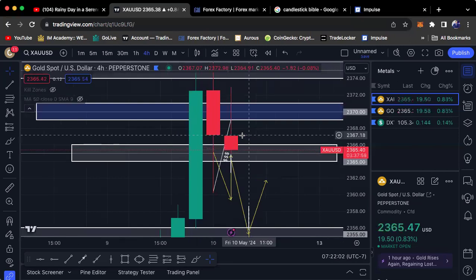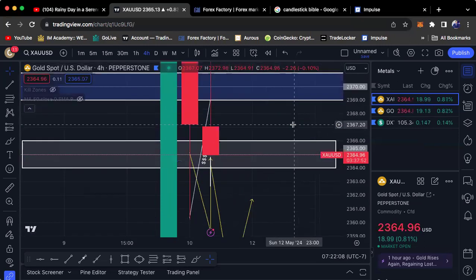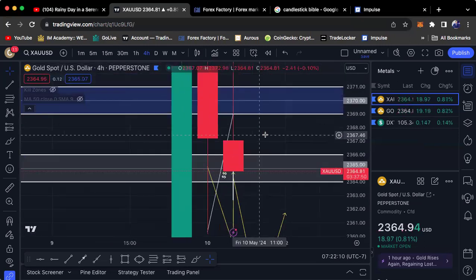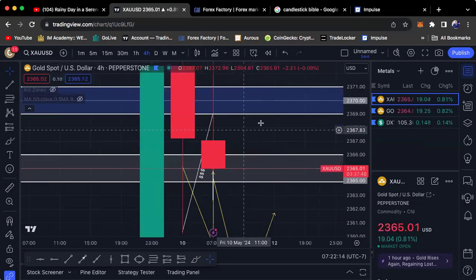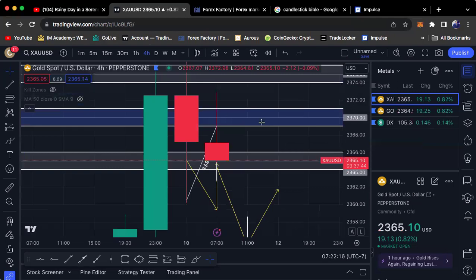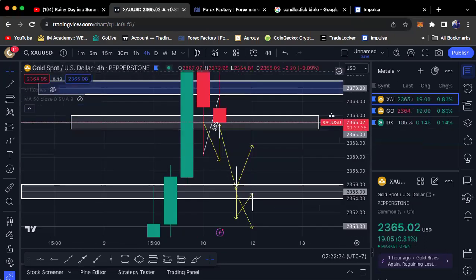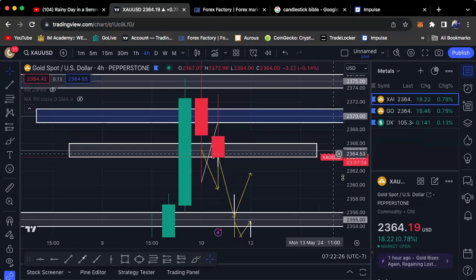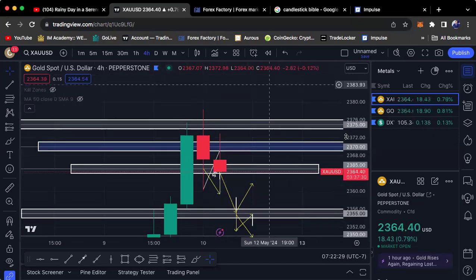This 4-hour candle is pushing price down. See how this 4-hour candle closed below this structure. You see this long wick. So yeah, guys, I do see price pushing down.